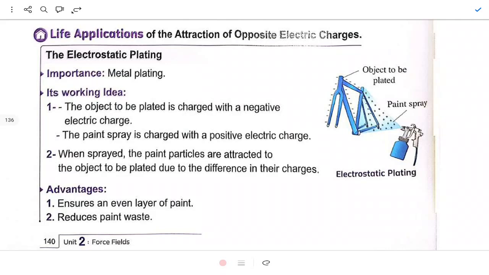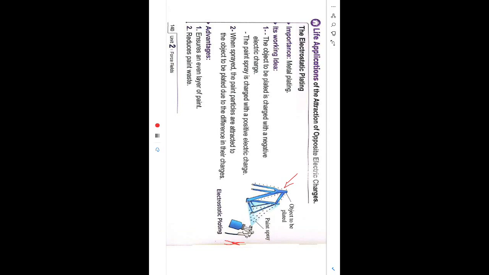If you want to plate a metal, you will use this paint spray. You will use it to paint the metal. We have the object to be plated, and this object is charged.